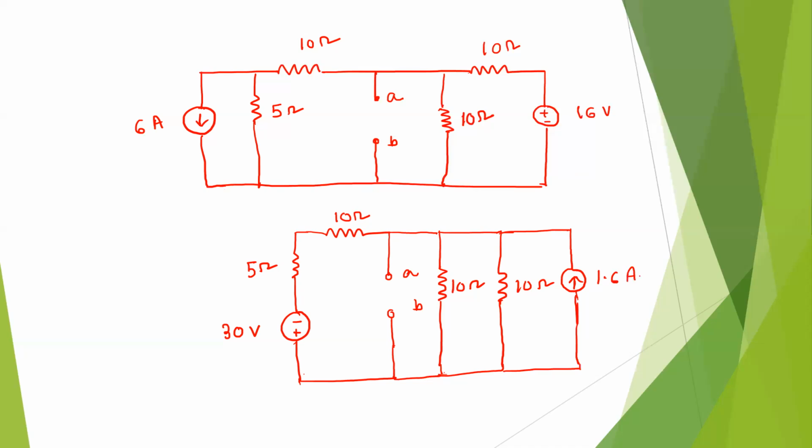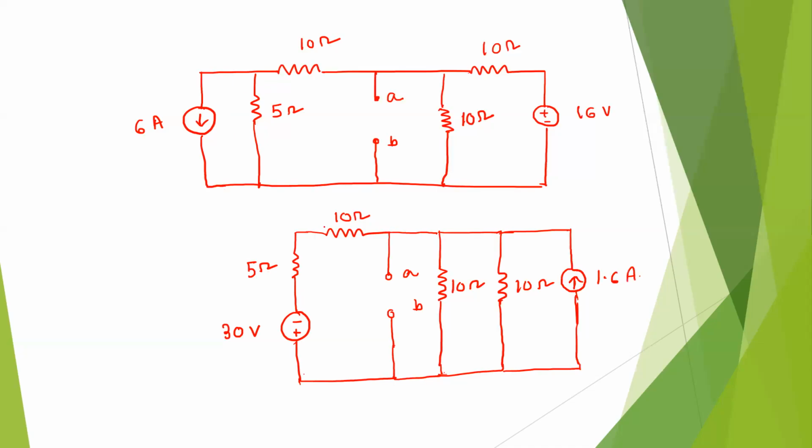So now this 10 ohm and this 10 ohm, these are parallelly connected. So we can draw the next circuit. This 5 ohm and 10 ohm, this also in series.